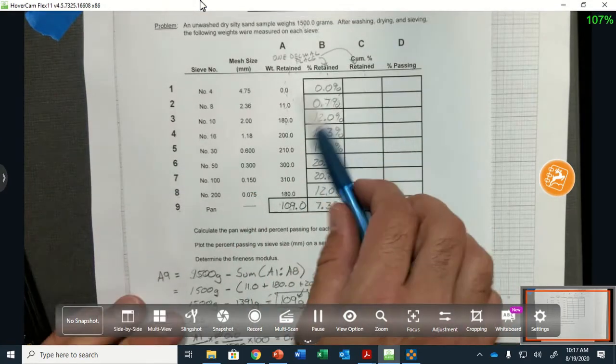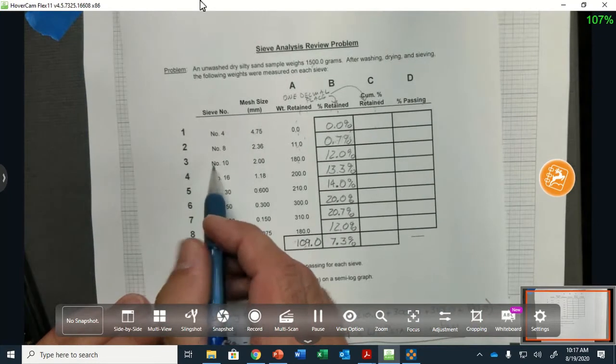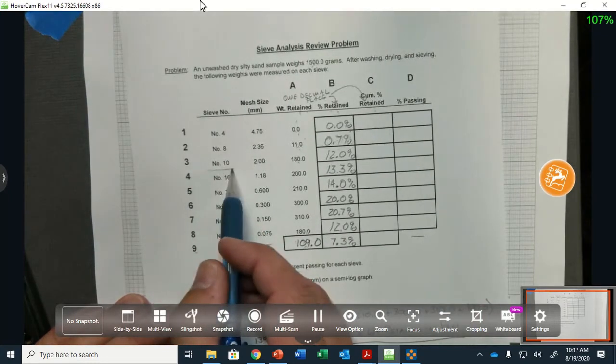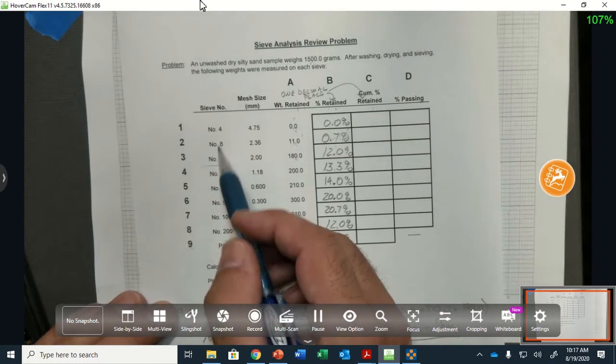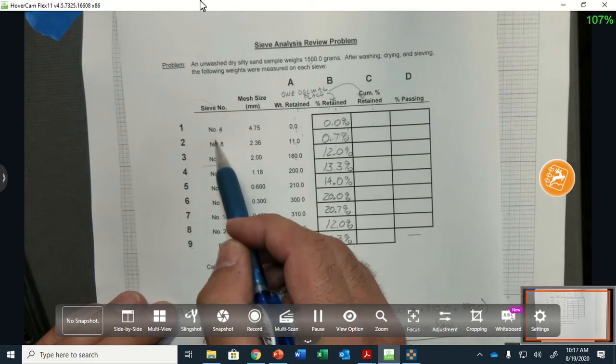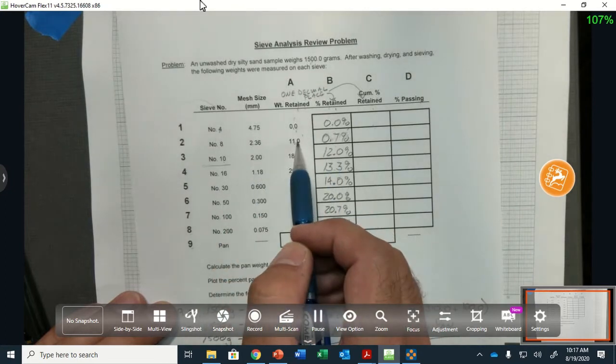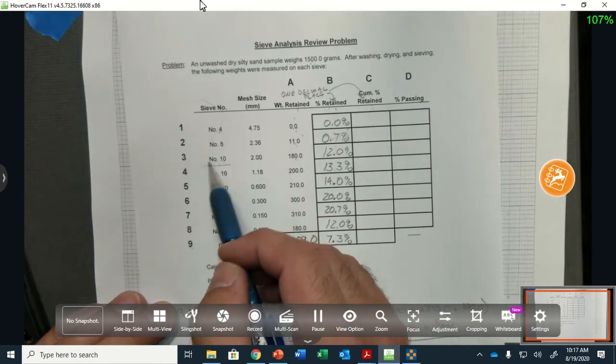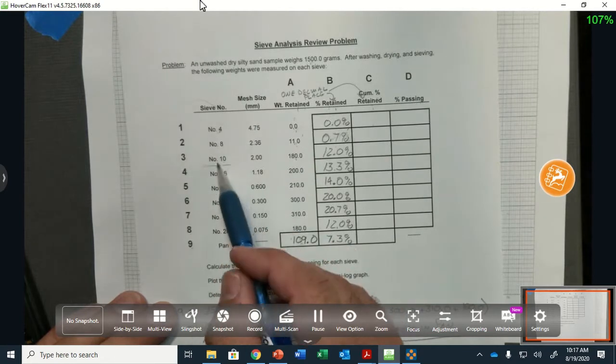So basically, for example, if I want to know cumulative percent retained on a number 10 sieve, I'm going to pretend that I dumped the sample in, but I removed the number 4 and the number 8 sieve. So those aren't going to be retained anymore on those sieves; they're going to fall right onto the number 10 sieve. So that's what cumulative means.